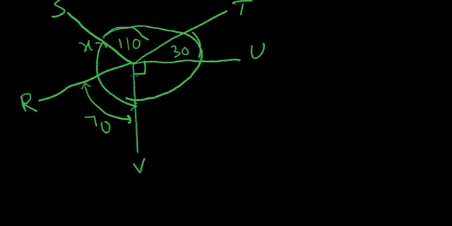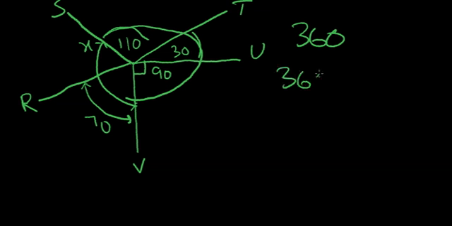So the total number of degrees will be 360. So we already know 4 of those values: 110, 30, 70, and this is 90 because it's perpendicular. So we're going to subtract all of these values from 360.